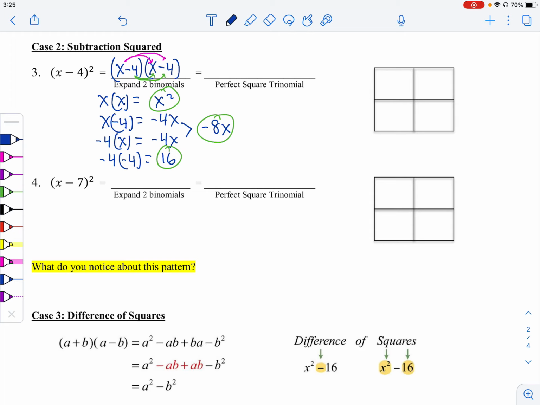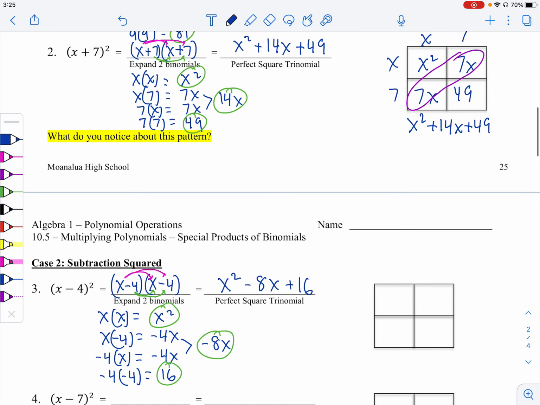All right, so we have highest power first, x squared, then minus 8x, because it's negative 8x, and then plus 16. Did that follow the same pattern as before? If it's 7, you double it, you get 14. 7 squared, or 7 times 7, 49.